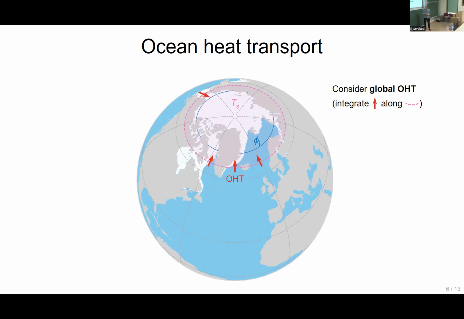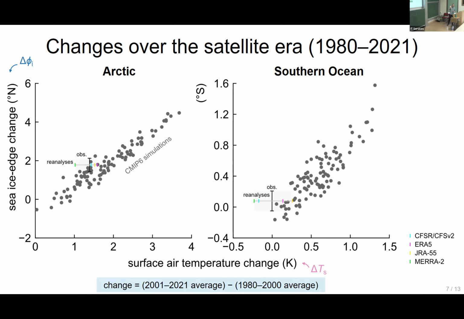By ocean heat transport, I just mean the total heat transport by the ocean integrated into the region that we are considering. So I'm now going to add that to this plot by coloring in all the points according to the value of the change in ocean heat transport.